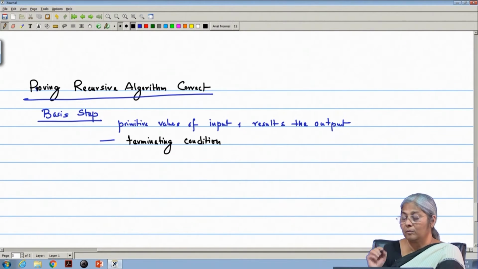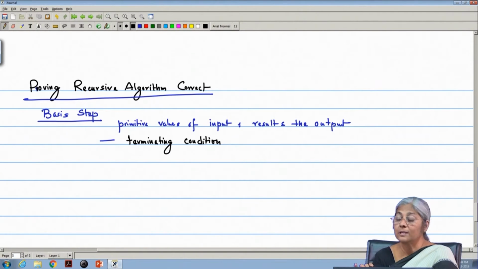That means, when the function can be computed in a straightforward way, we stop. So, this is my terminating condition.